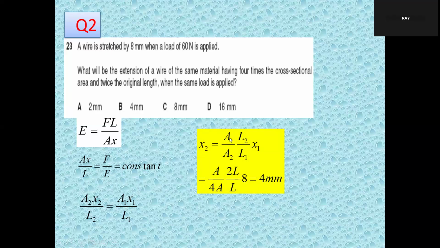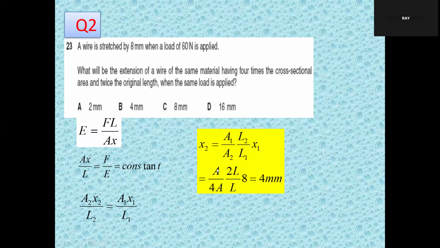Okay, original area A1 is A, original length is L. New length is double, twice the original length, and 4 times the cross-section area.